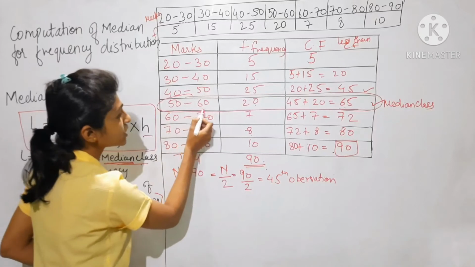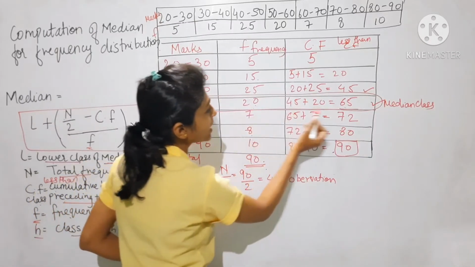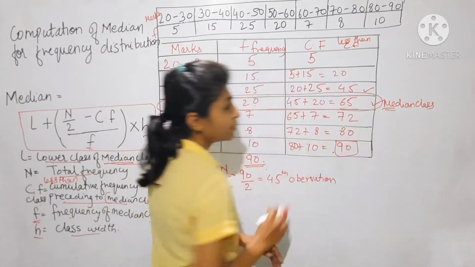Okay, 50 to 60, the frequency 20, and 65, this will be the median class.